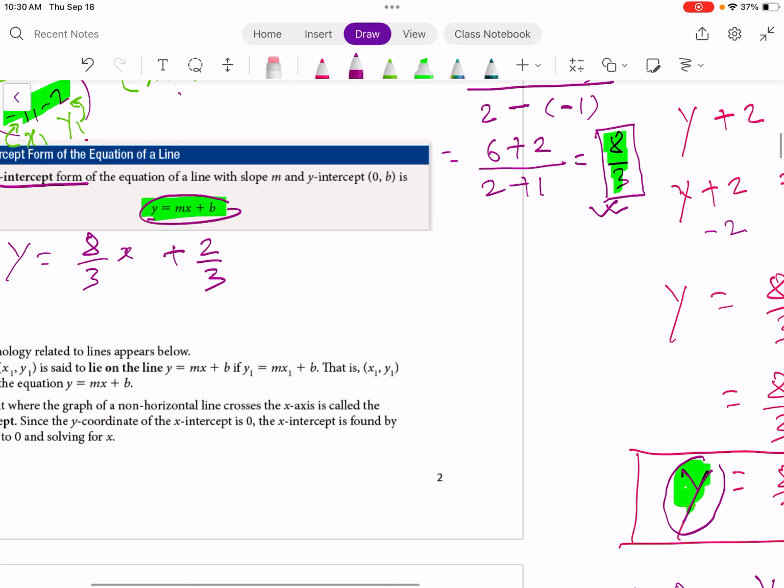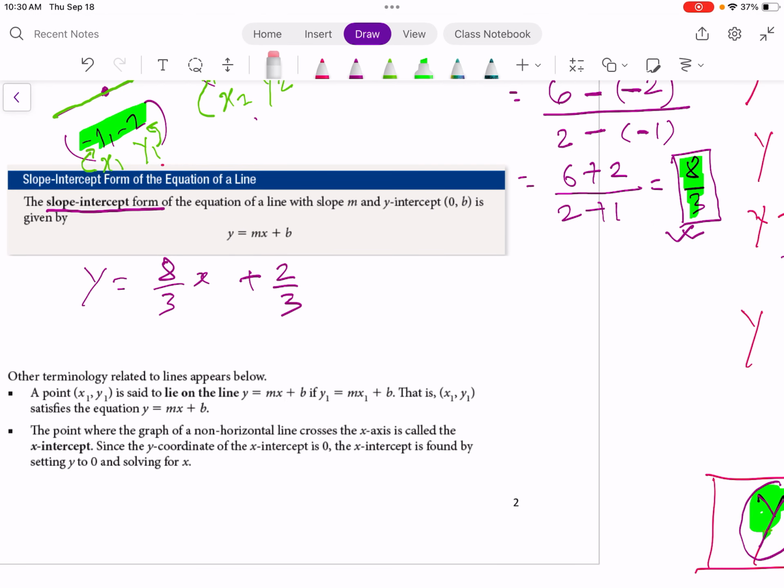Now let's compare these two. We are comparing this line with this line. On the left side we have y, so here we have y.